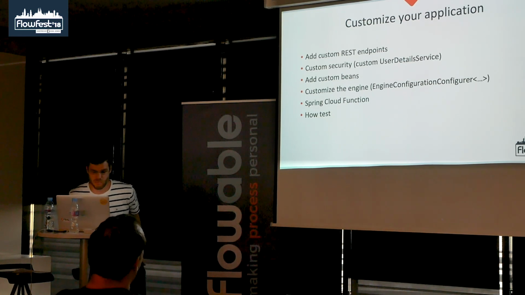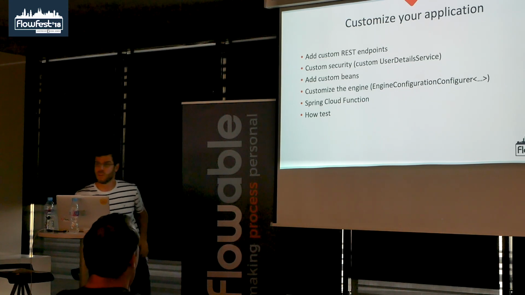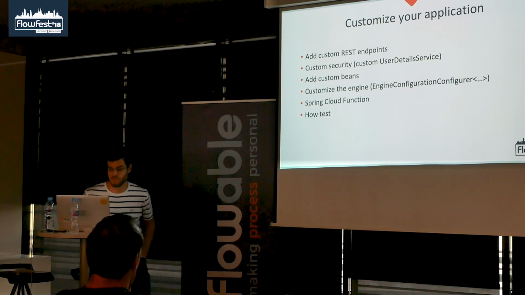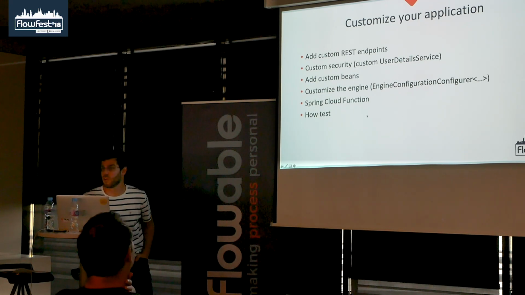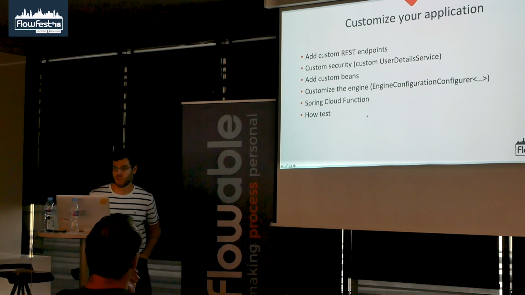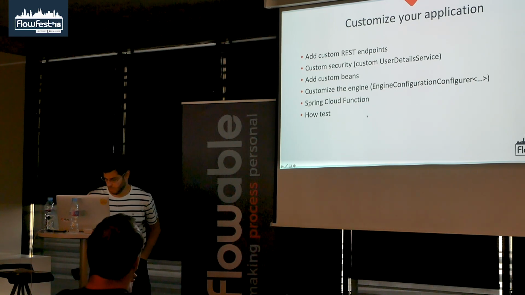We added custom REST endpoints, custom security configuration, and custom users. We used custom beans within our own applications. Then we configured the engine through the engine configurers. We showed how you can use Spring Cloud Function with Flowable driving your processes in the back. We didn't show how to test, but it will be in the examples.